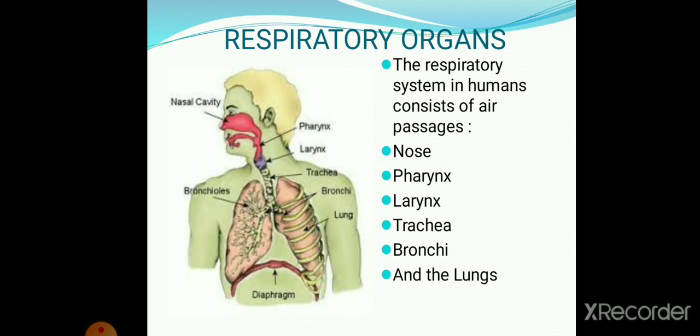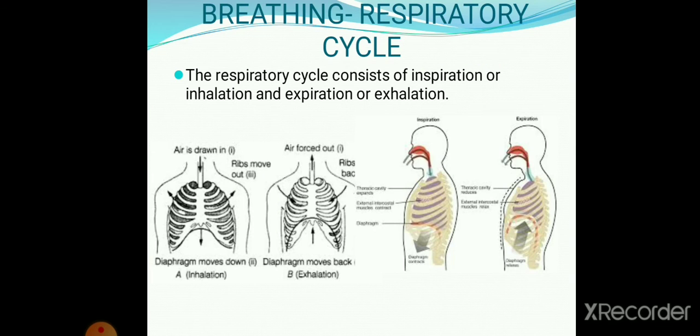So children, let's see how the air moves inward inside the body. The taking in process is called inspiration. During inspiration or inhalation, the size of the thoracic cavity increases due to the combined action of the ribs and the diaphragm.